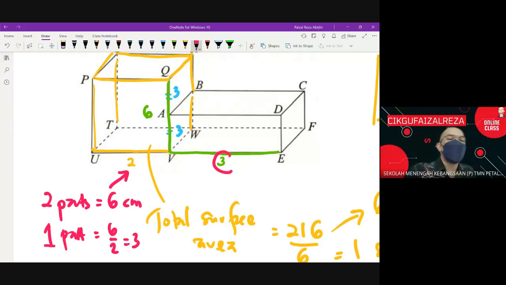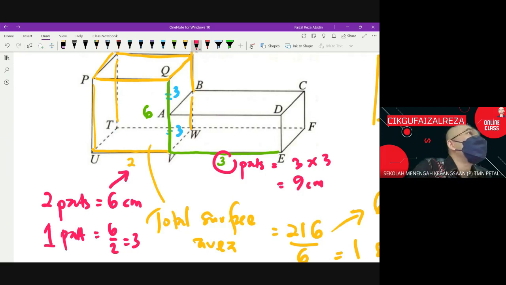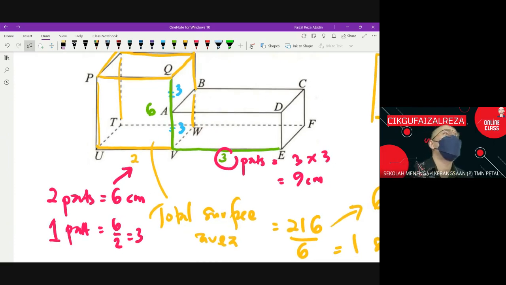Can I know 3 parts here? How do I know? 9 cm. Kan yang tu ratio. 2 to 3, that one is ratio. The parts. If you read back, it stated that UV to VE is 2 to 3.